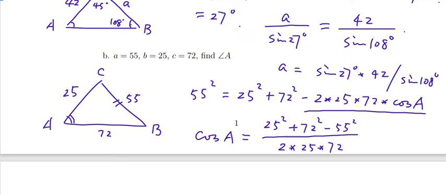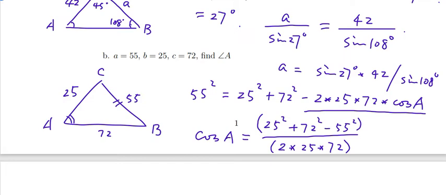I wanted to emphasize again: if you put this formula into the calculator, don't forget to put the parentheses, like this number divided by this number, right? Don't forget the parentheses.